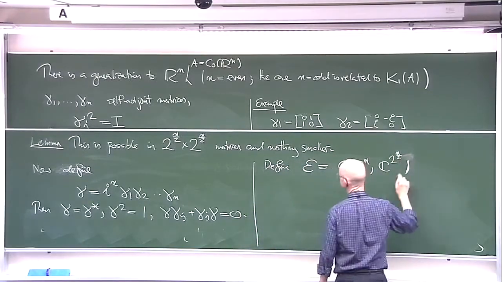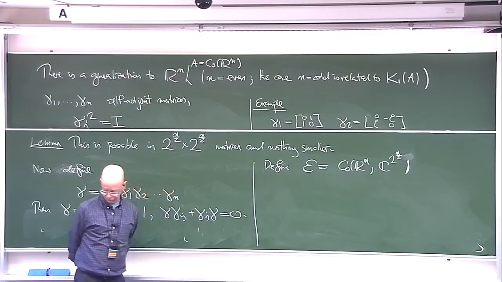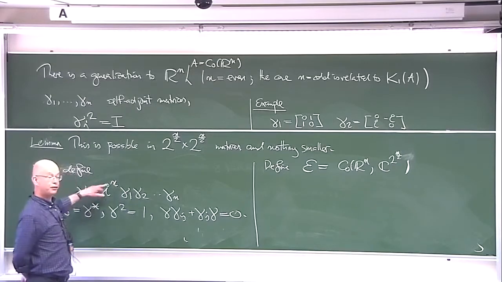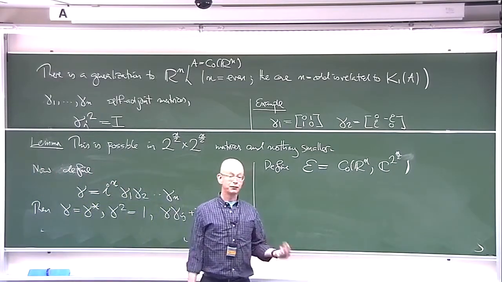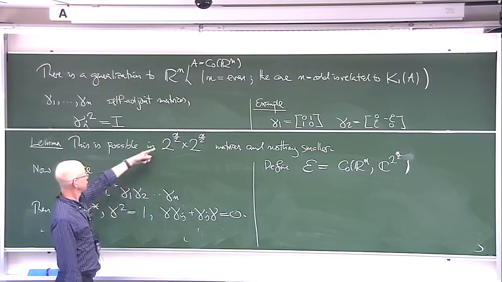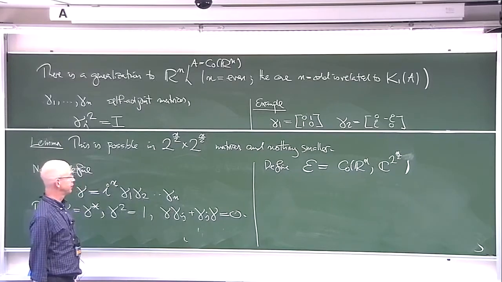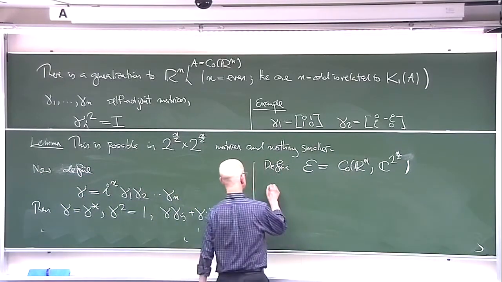So on this space of functions, these matrices act. These are vector-valued functions, and matrices act on vectors in the usual way. So this is a module over the matrix algebra of 2 to the n over 2 by 2 to the n over 2 matrices. It's also a module over functions by pointwise multiplication.